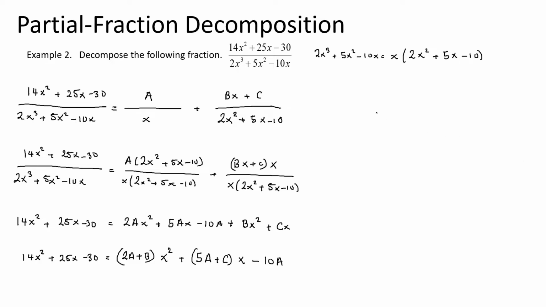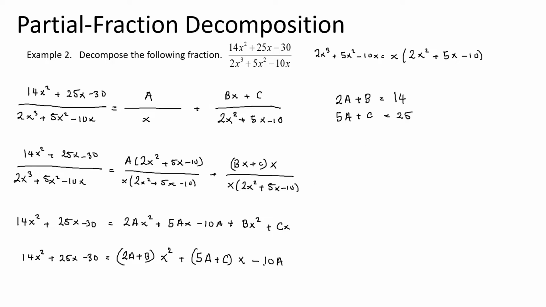Looking at the equations, we know that 2a plus b will have to equal the coefficient of x squared, which happened to be 14. 5a plus c is the coefficient of x, so that has to equal 25.